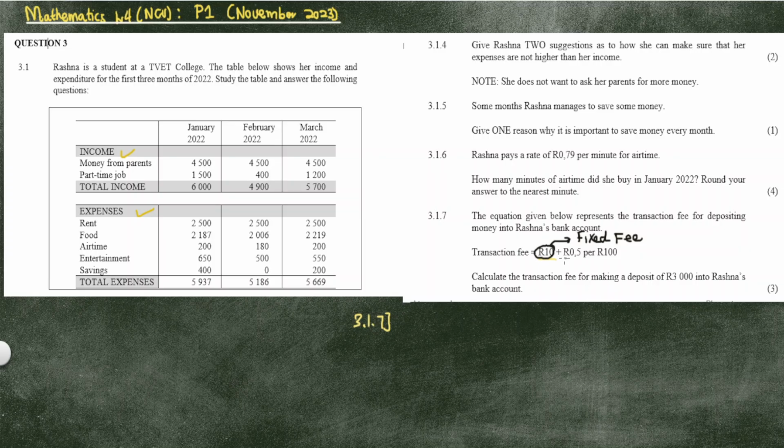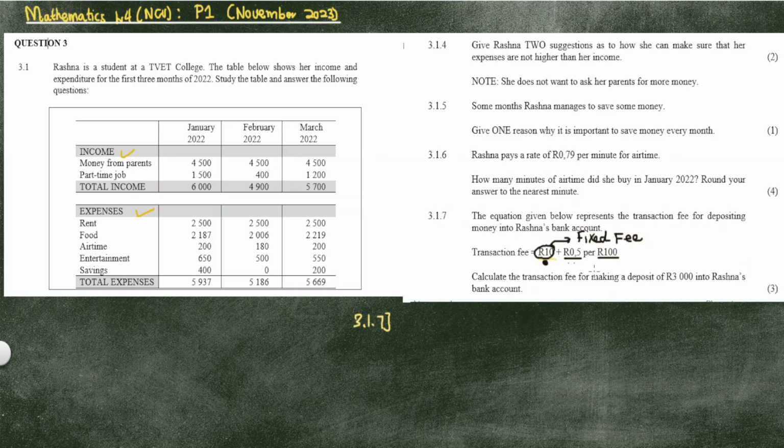Then there's also this fee of 50 cent, 0.5 rand, per 100 rand that you draw. So let's say you are drawing 200 rand. There's going to be this fee of 10 rand plus 0.5 per 100 rand.